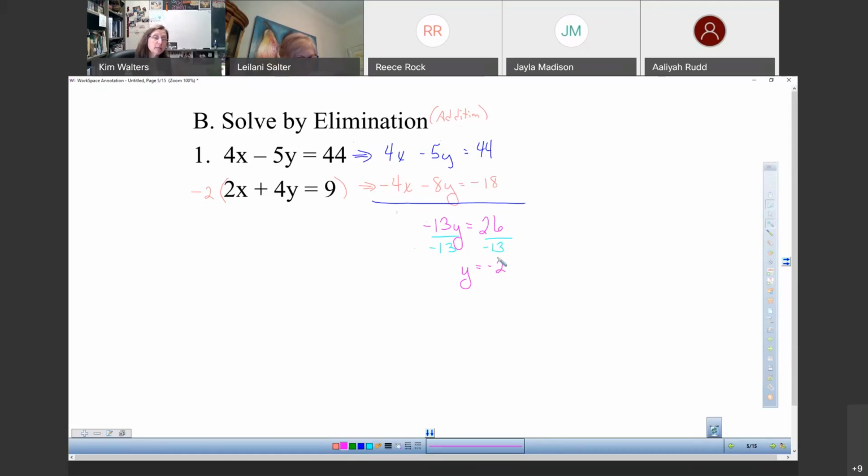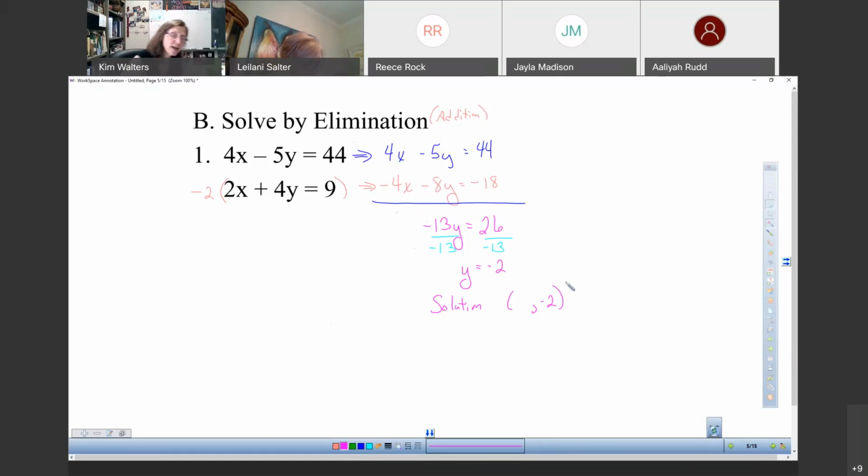And this is going to give me y has a value of -2. And so just like the previous problems, when I solved it, I ended up with a value for one of my variables. Now be careful because I got the second part of my ordered pair. I got the y value in this case. So when I get ready to write the solution, notice that I don't have x, but I have y.